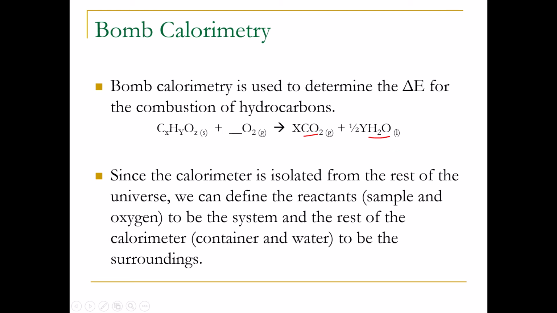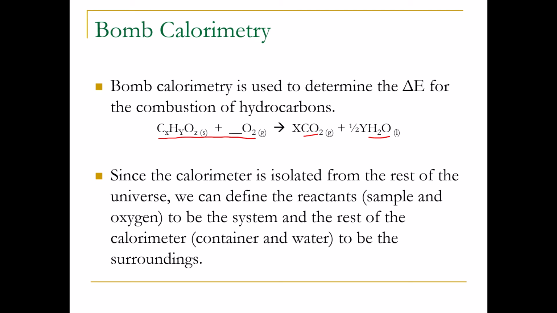So we define our system as our hydrocarbon and our oxygen. So this is what goes into that little chamber in the calorimeter. That's our system. The water and our products that are created are going to contribute to the surroundings. All right.